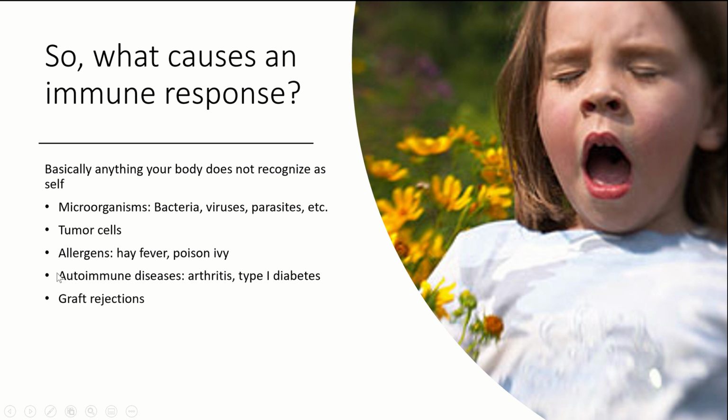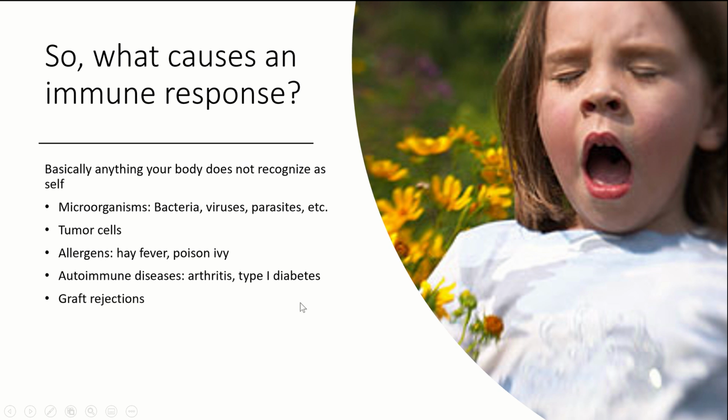Autoimmune disorders. So that is when your body does start to attack cells that belong to you. And this is obviously a type of disease, a type of disorder, right? So this isn't normal. This is when your body doesn't recognize certain cells that belong to you as a part of you. And so it actually creates an immune response to it because it thinks that it's a foreign invader. So that's in some types of arthritis. Your body will actually start attacking those joints.